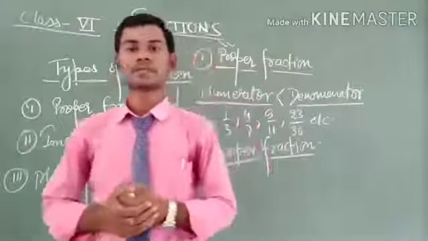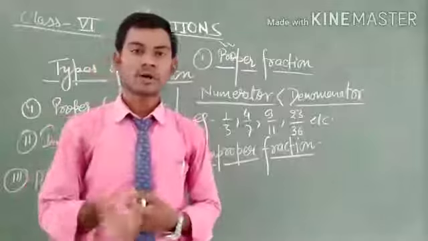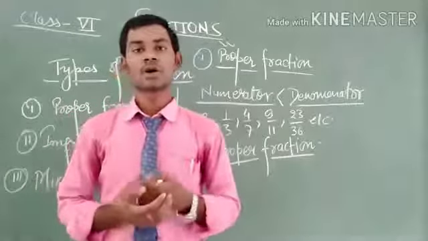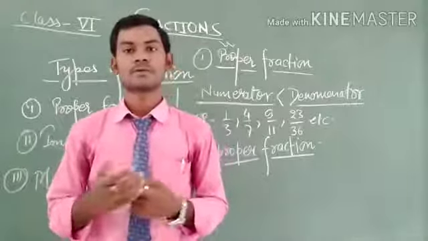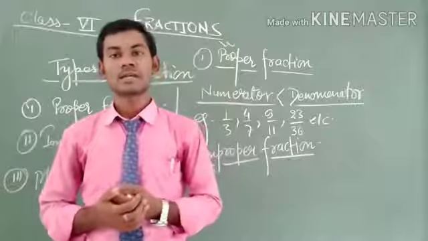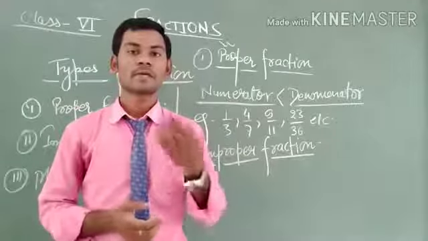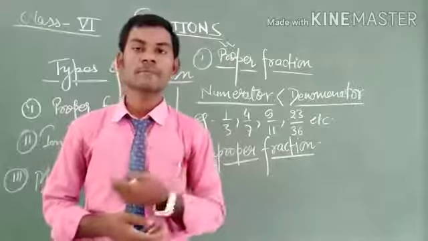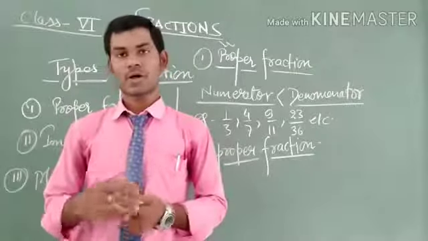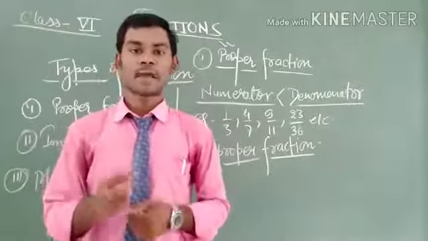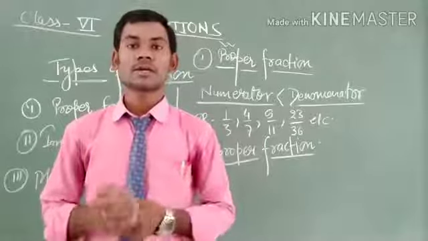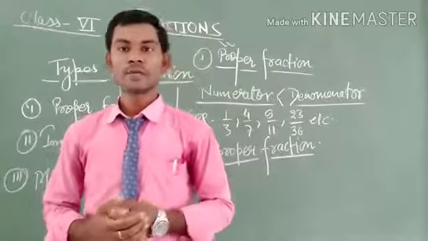What is the improper fraction? The opposite of proper fraction. We can say that the opposite of proper fraction is known as improper fraction, or we can say that the converse of proper fraction is known as improper fraction, or we can also define that a fraction in which the numerator is greater than denominator is known as improper fraction.